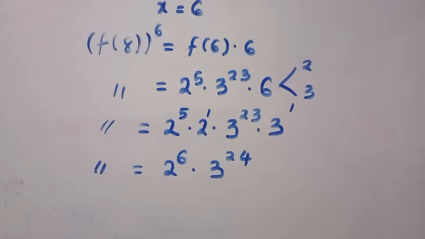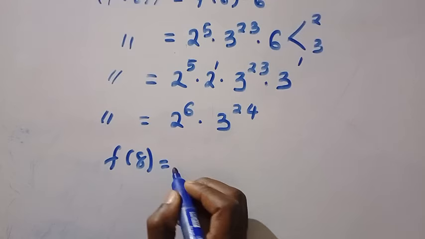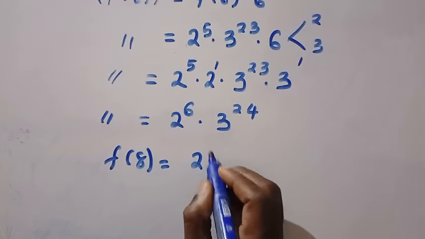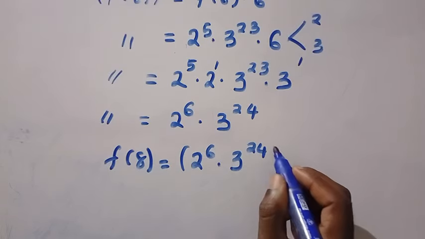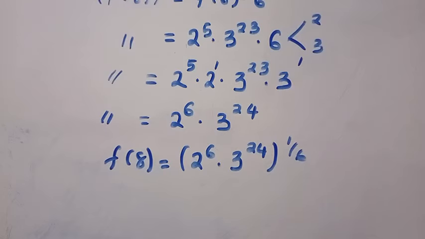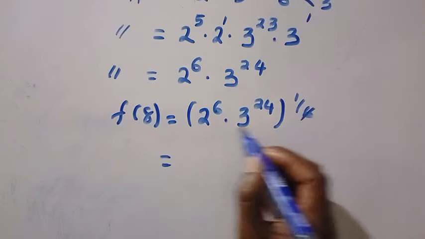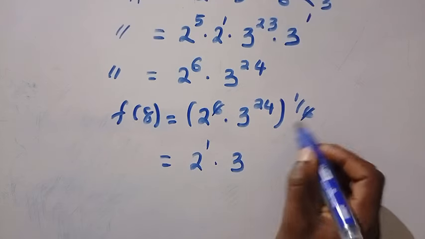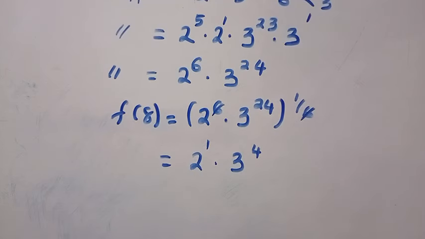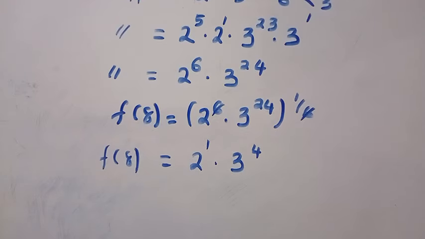So by taking the 6th root of both sides, we have f(8) equals 2 power of 6 multiplied by 3 power of 24, then all raised to power of 1 over 6. So this keeps cancelling: 6 and 6, that is 2 power of 1 multiplied by 3 power of 6 over 6, that gives us 4. And then all this is the result of f(8).